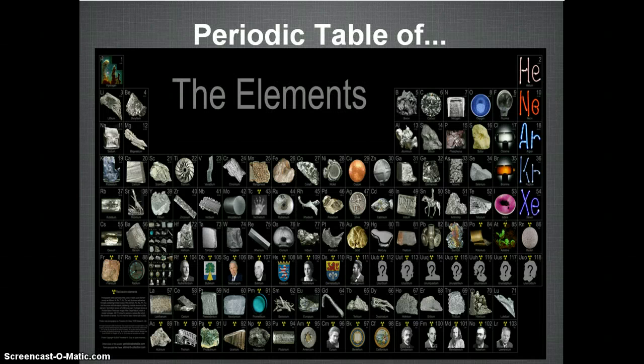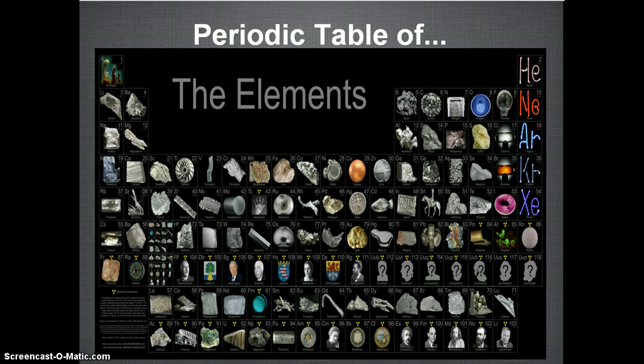So here we got it, the elements, and these elements are what all matter is made of. Anything that has volume, anything that has a mass, is made of one of these elements or a combination of these elements. And all of these elements have a solid, a liquid, and a gas state at a certain temperature or a certain pressure.